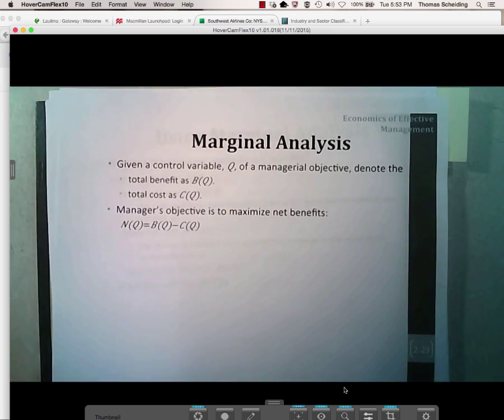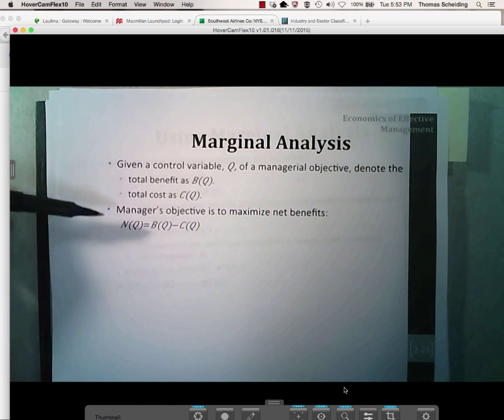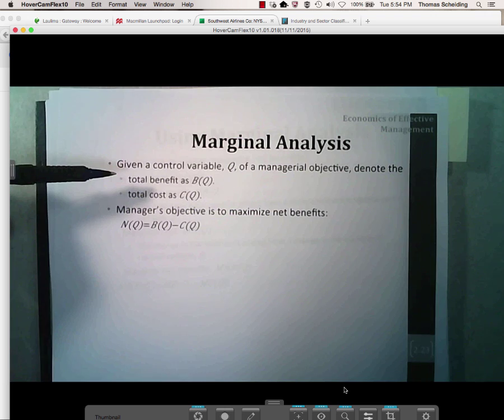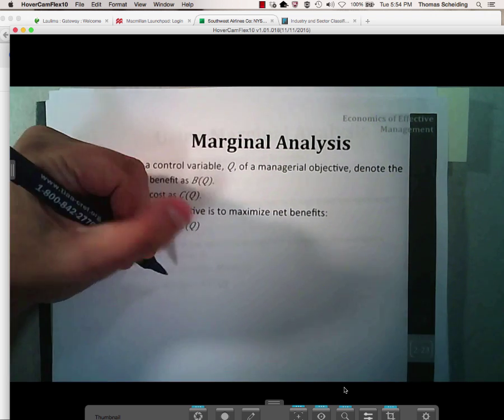Now, the other thing that we as economists try to encourage managers to do is to think in terms of margins, which means that we want managers to maximize the difference between their total benefits and their total costs.